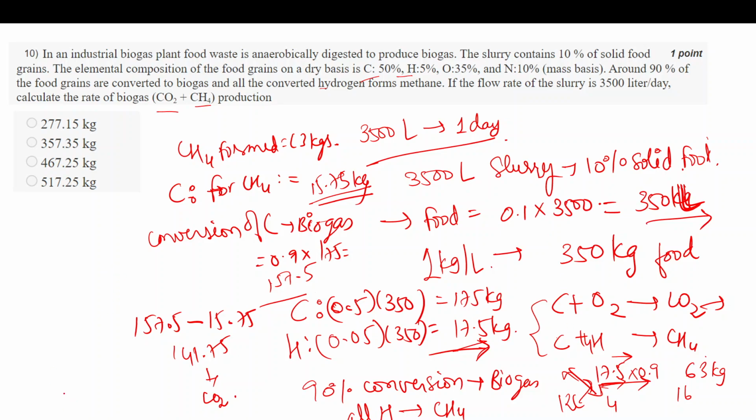Now if I write the reaction, C plus O2 gives CO2, so carbon is 12 and CO2 is 44.